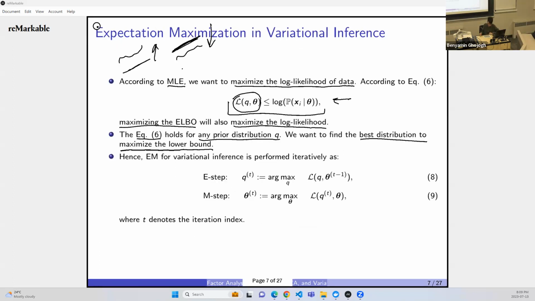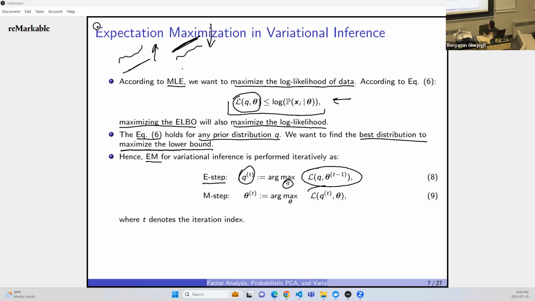So let's do expectation maximization. This is our ELBO. We want to maximize it, and our optimization variable is Q. Let's find the Q. This is the E step.